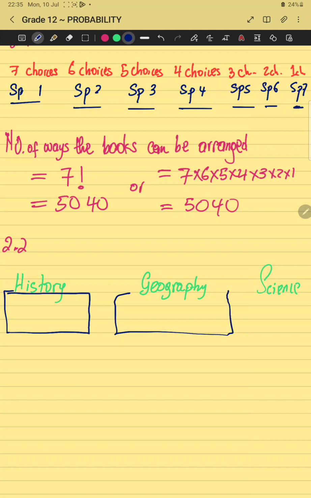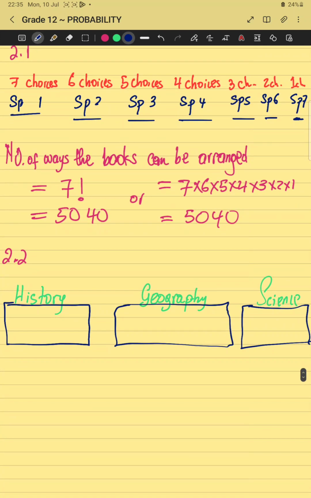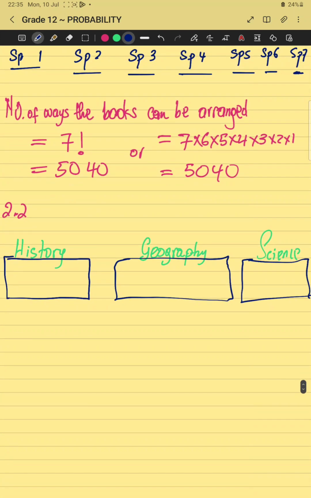I want you to understand this part clearly. I want to arrange them, and the books of the same subject must be put together. In history, remember, we've got 2 textbooks, so that means we've got 2 choices and 1 choice.